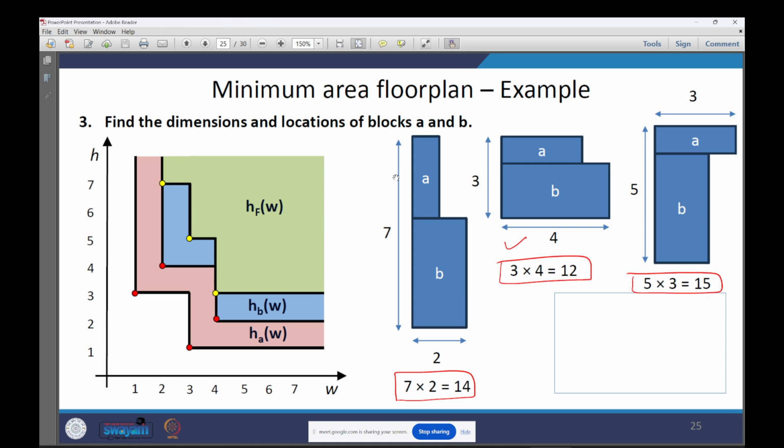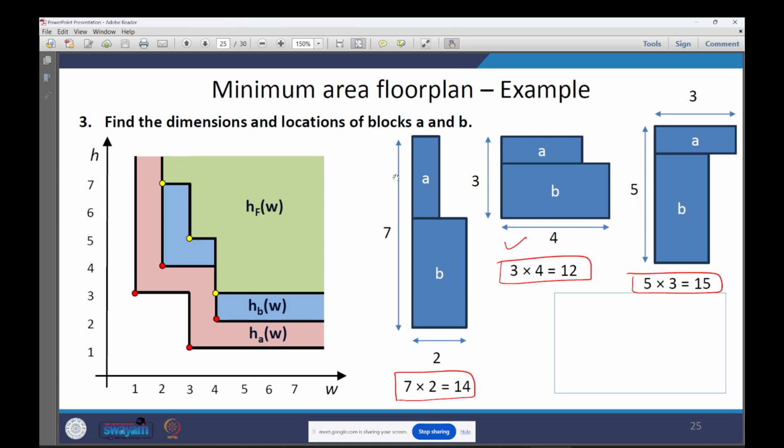Oh, okay, sir. Just check it again. Let's say 3, 4 is there. This side is 3 and this side is 4. This is 7 and which is 2. Another option is one side is 3, other side is 2.